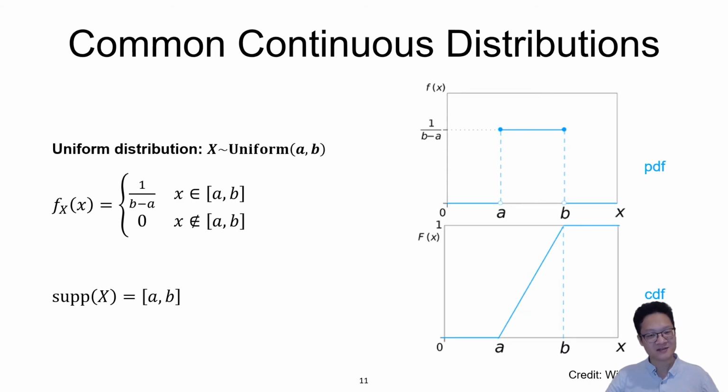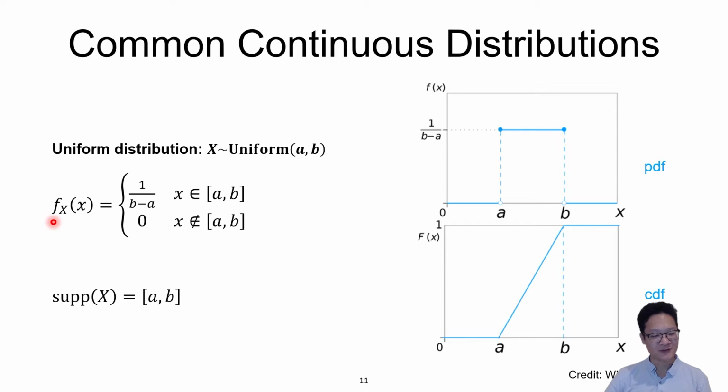Now let's take a look at some common continuous distributions. The first one is the uniform distribution, or x tilde uniform(a, b). The a and b specify the interval of the distribution.